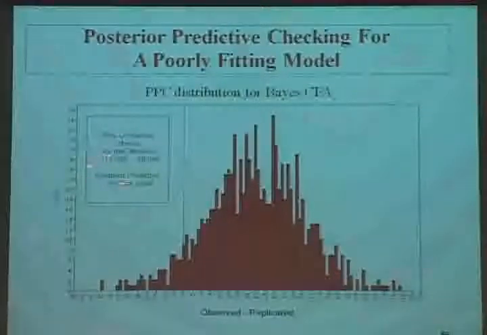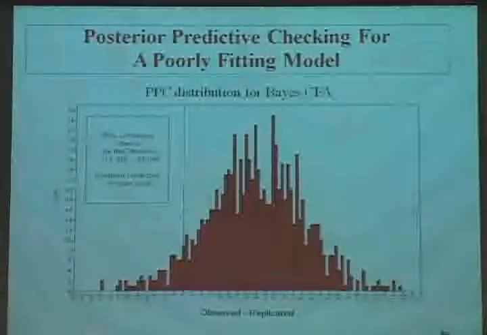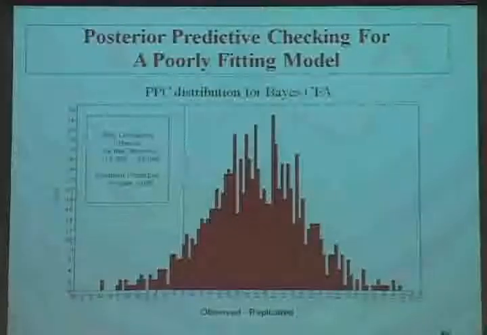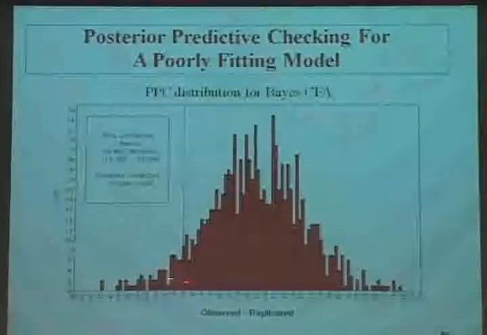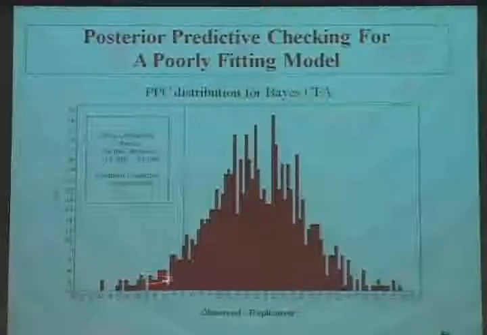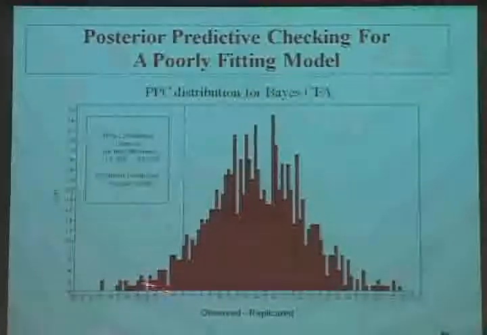What you want to get in general is a kind of symmetric interval around 0, with a lot of negative values and some positive values. That basically means that the observed and the replicated are equally likely to be higher or lower. And here you get a posterior predictive p-value of 0.068. That is the proportion of times that the difference actually became negative.